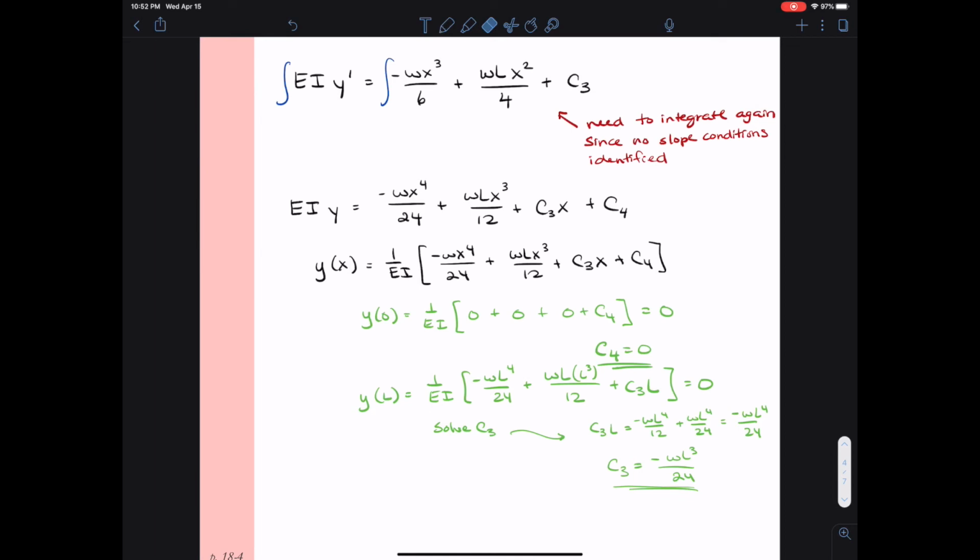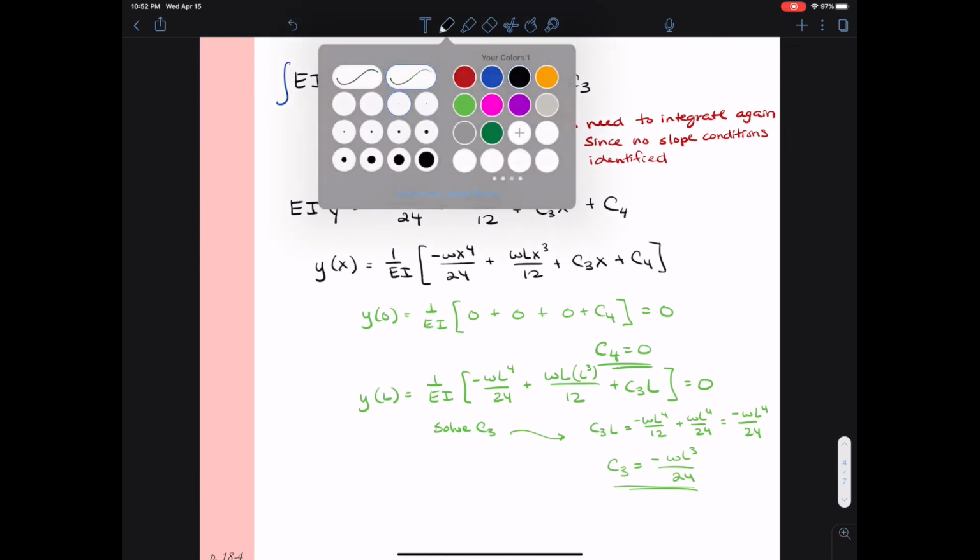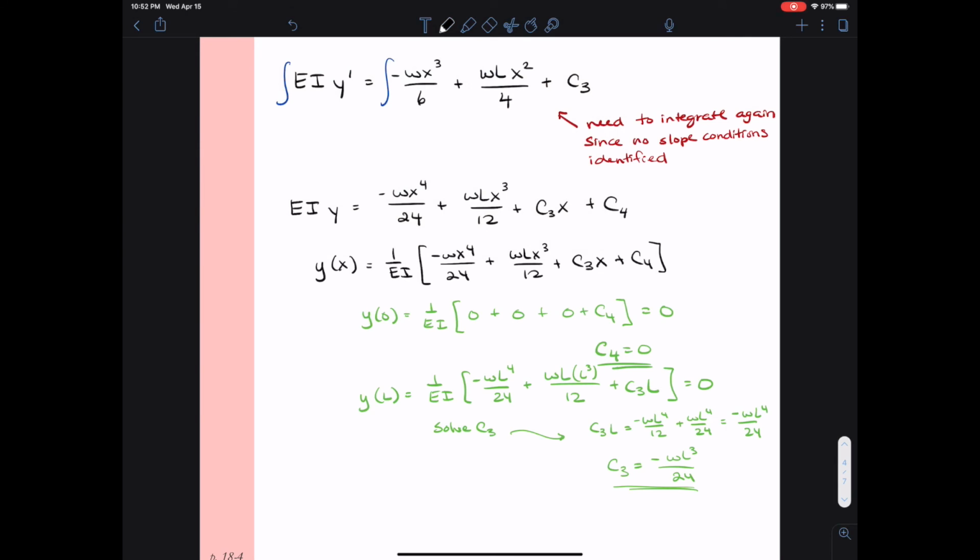All right, so now I have all my constants of integration. So now I have the equation for the deflection of the beam. The deflection of the beam is going to be that equation y of x.